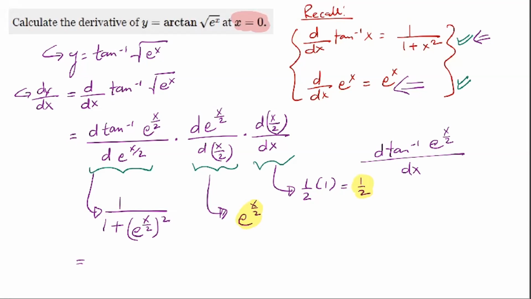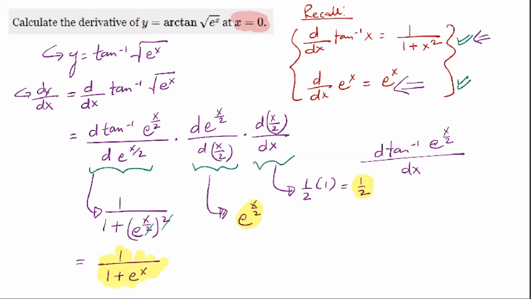So that is going to be 1 over 1 plus e to the power x, because we can cancel 2 and 2. Okay, very interesting. So now we are left with 1 over 1 plus e to the power x.